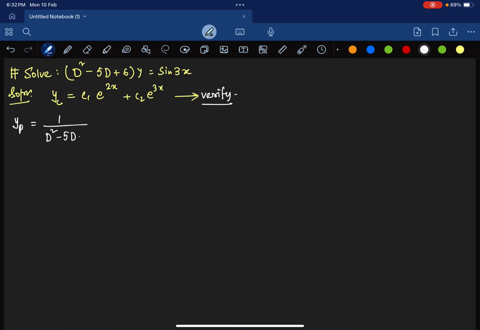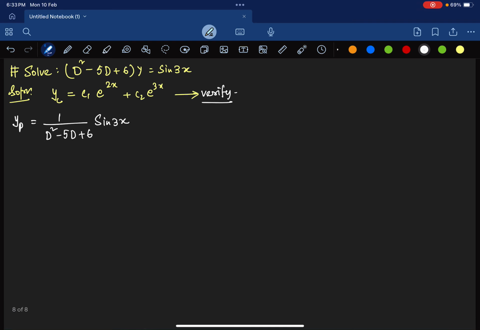So (D square minus 5D plus 6) sine 3x. Now wherever you have D square, immediately put minus a square. Here this is already in the form of phi of D square, so in place of D square you put minus 9: 1 by (minus 9 minus 5D plus 6) sine 3x.